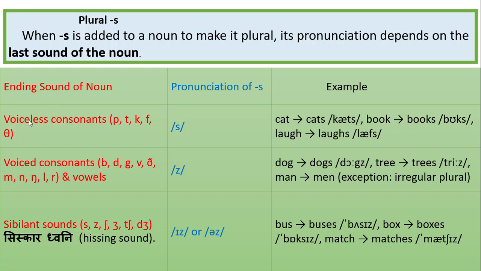Now look here, voiceless consonant sounds. What are voiceless consonant sounds? Voiceless means, while we pronounce any letter or sound, there is a trachea, and after passing through the trachea, the air comes near the vocal cord, and in the vocal cord there are two tissues.